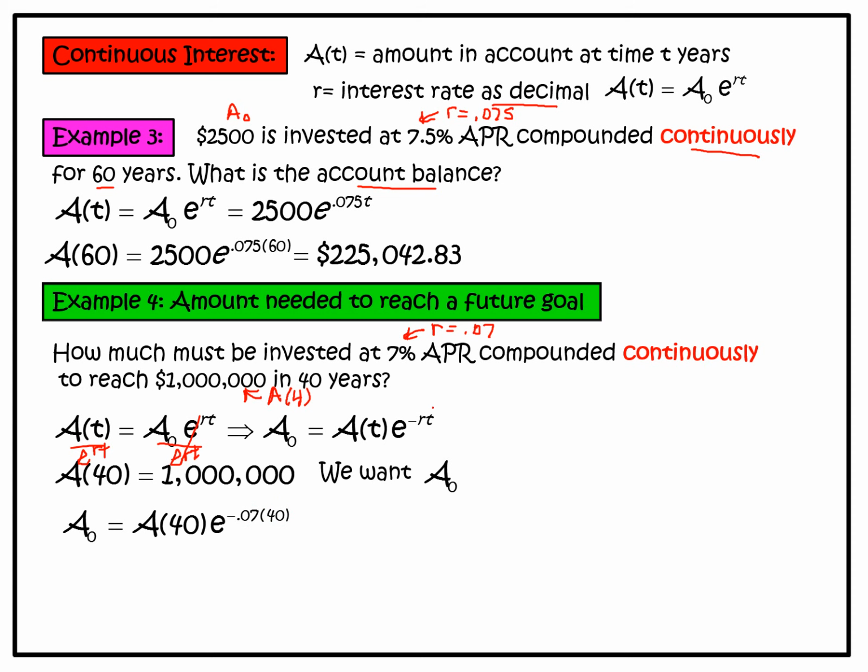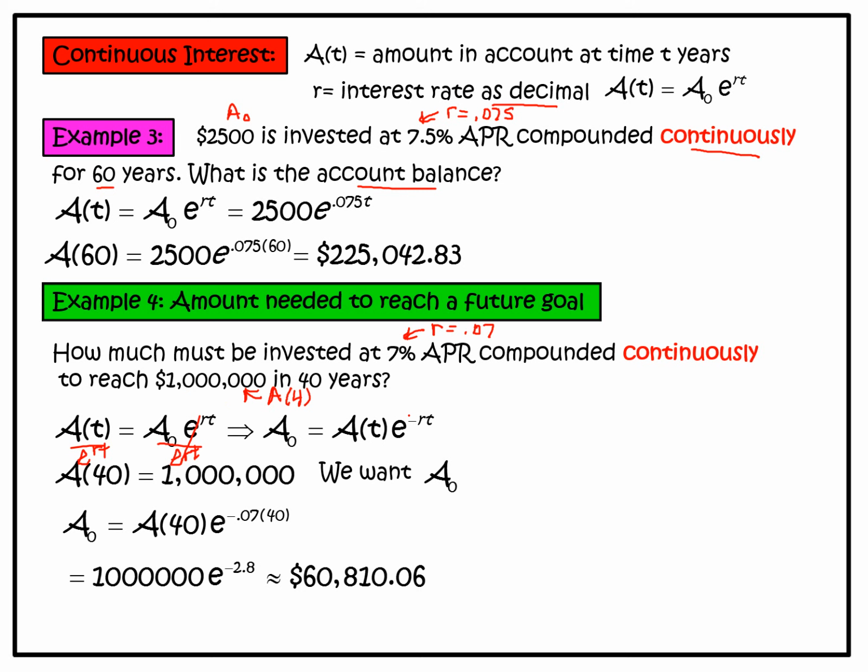So I plug the 40 in here and here. And we know A of 40 is 1 million. So this is actually 1 million times e to the negative 2.8. And if you plug this in the calculator, you get 60,810. So if you had $60,000 now, you put it in an account and just left it alone for 40 years, no more contributions, you'd still have $1 million when you retire. So that's pretty cool.